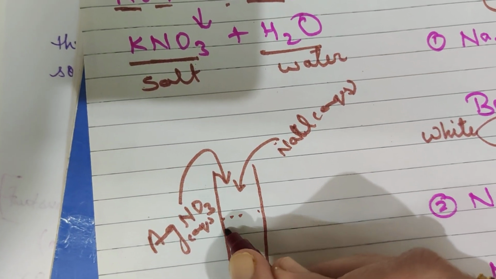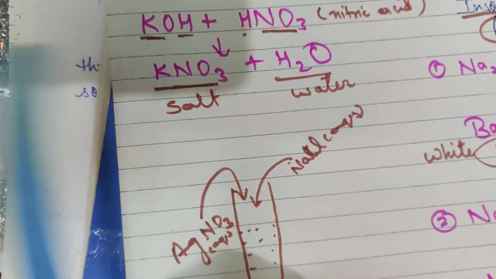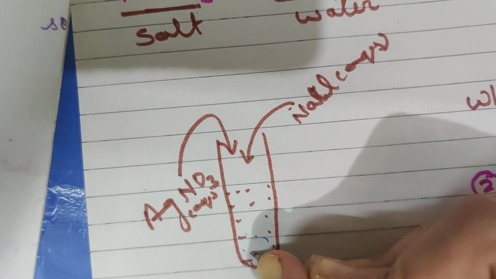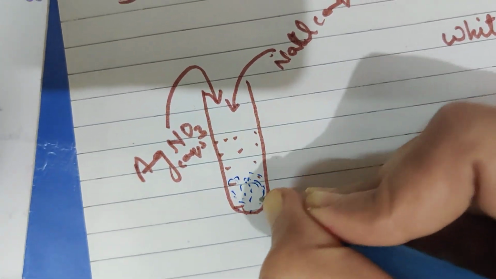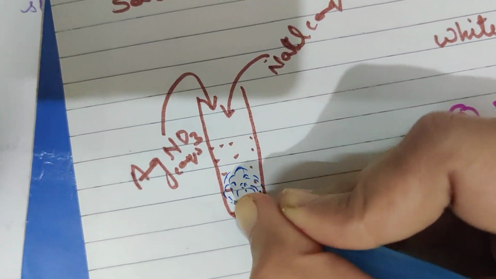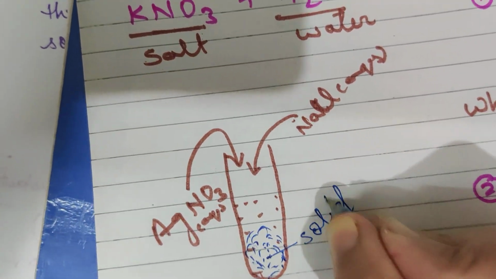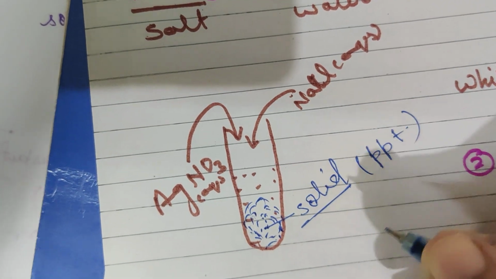You will observe that two new salts are formed. One will be in the form of deposition at the bottom, and it will be solid in state. And this solid form will be known as PPT, that is precipitate.